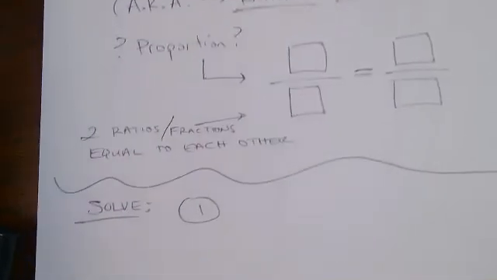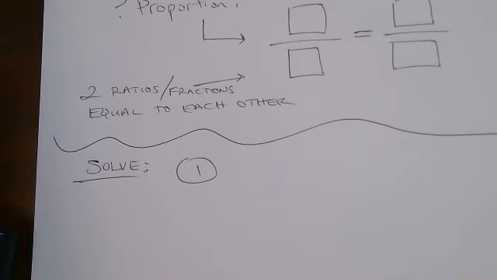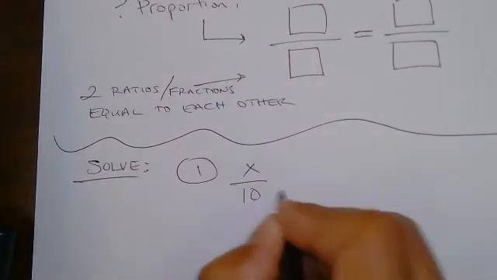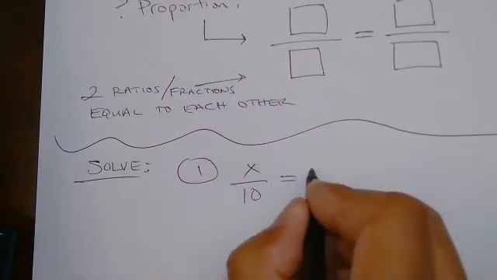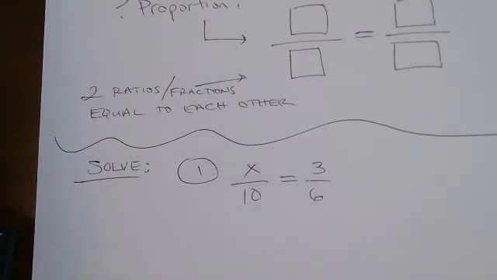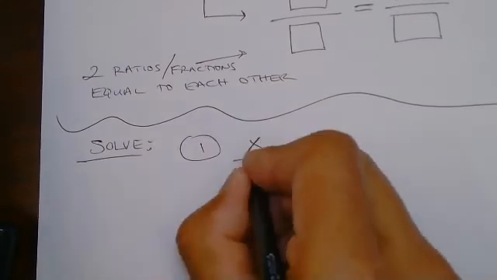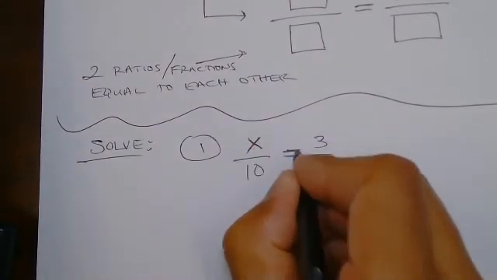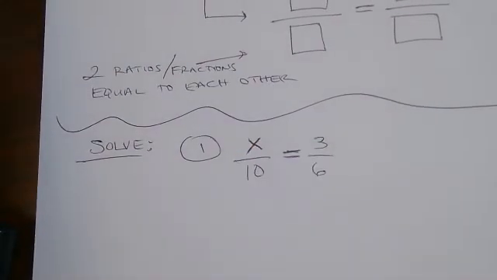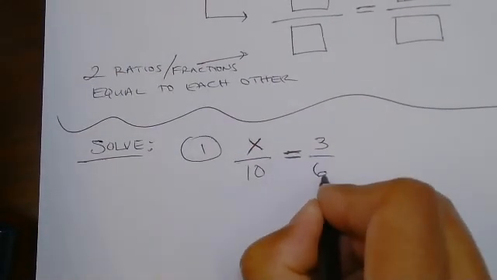Okay, number one. How do you solve proportions? Well, x over 10 is equal to 3 over 6. See, this is a proportion. Obviously, there'll be one missing part or a variable that you need to solve for.